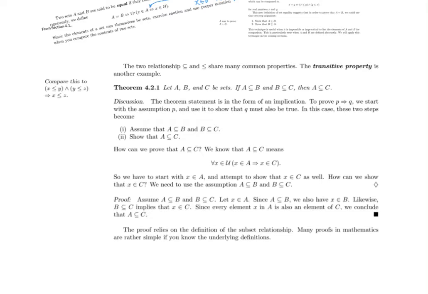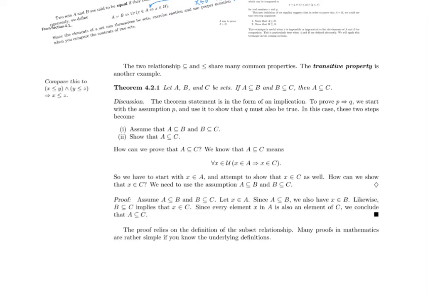Again, making observations about these symbols, the is-a-subset-of symbol and the is-less-than-or-equal-to symbol, there's a common property called the transitive property, which is summarized in this next theorem. You have three sets, A, B, and C. If A is a subset of B and B is a subset of C, then A is a subset of C.